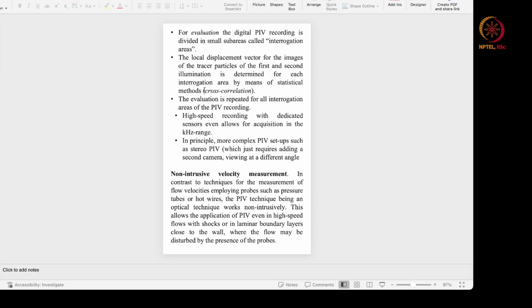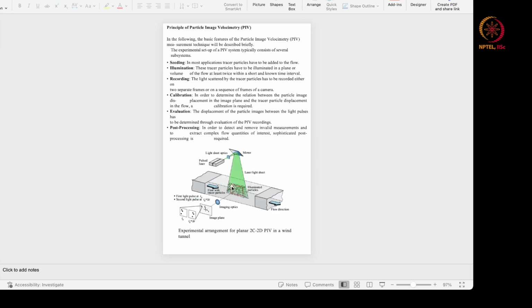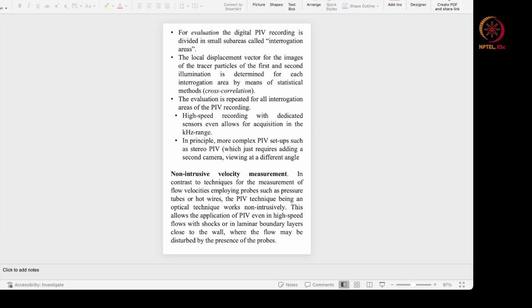For each of these interrogation areas, we have to determine this. So the whole image is divided into small sub areas, which you see. The evaluation is therefore repeated for all interrogation areas.